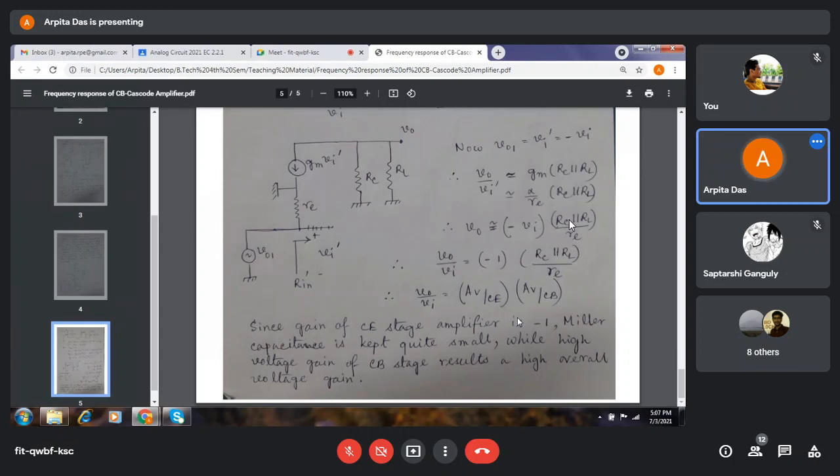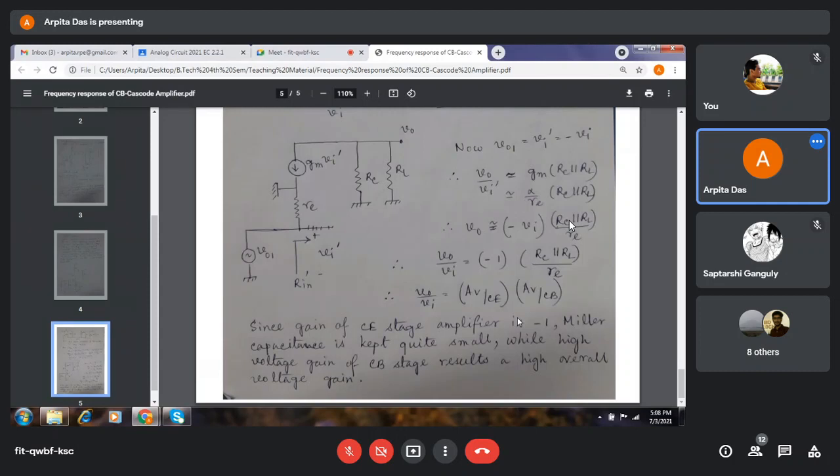This is the one major application of this CC amplifier, and the applications of CE amplifier and CB stage amplifiers we have already studied. It is either used as cascading or cascoding. Sometimes CB stage amplifiers are also used as unity gain current buffer, and there are many other composite structures like Darlington pair.